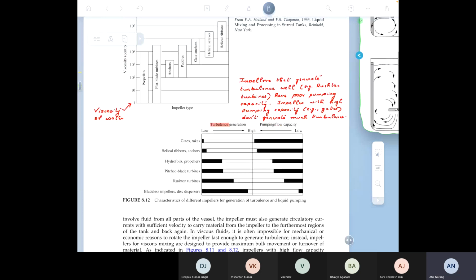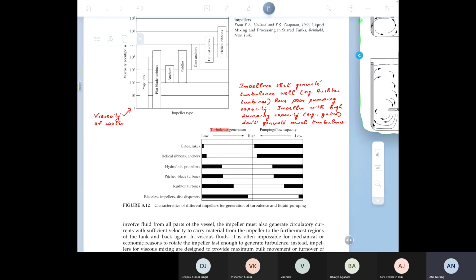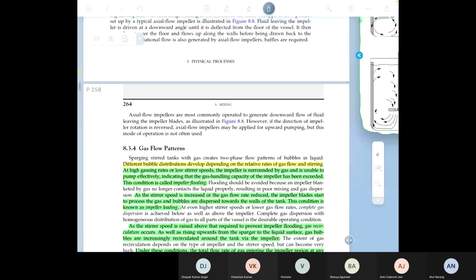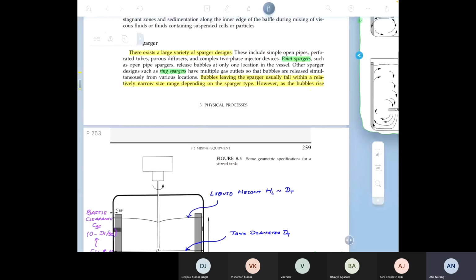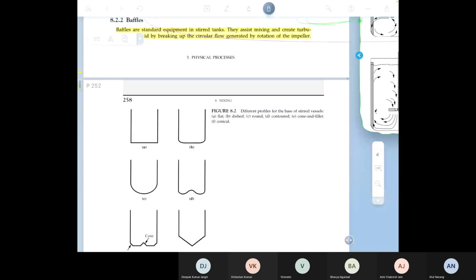But you can see that the gate impellers, for example, generate very little turbulence, but they have very high pumping capacity. In contrast, the Rushton turbines at the bottom generate a lot of turbulence, but the pumping capacities are relatively low. So that is essentially covering everything you need to know at this point in time about impellers.